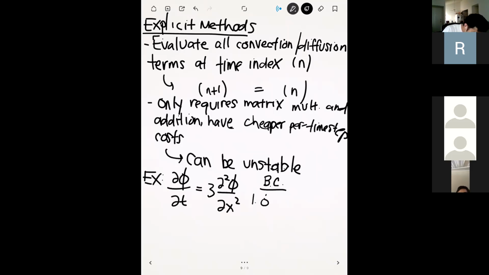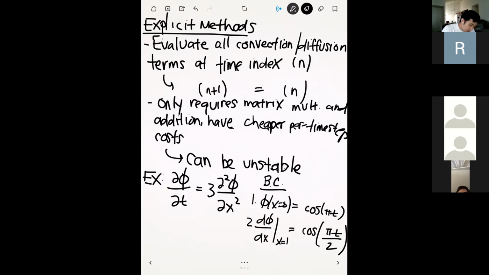We have phi at x equal to 0, a Dirichlet condition on the left side, which is cosine of pi t. Next, we have d phi dx at x equal to 1, and this is equal to cosine of pi t over 2.